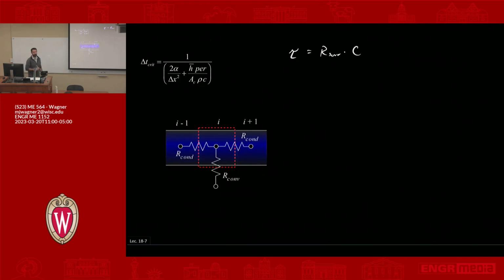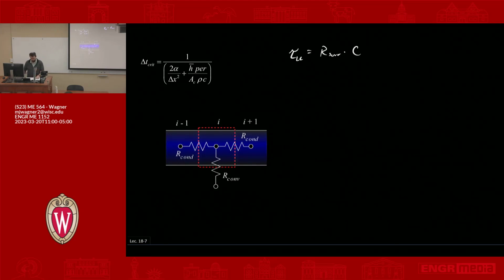This is the lump capacitance time constant, tau LC. What is the resistance to the surroundings for this node? Well, for the convection part, but for this node, it's actually the conduction as well. So you have basically three paths that heat can take to go to its surroundings.